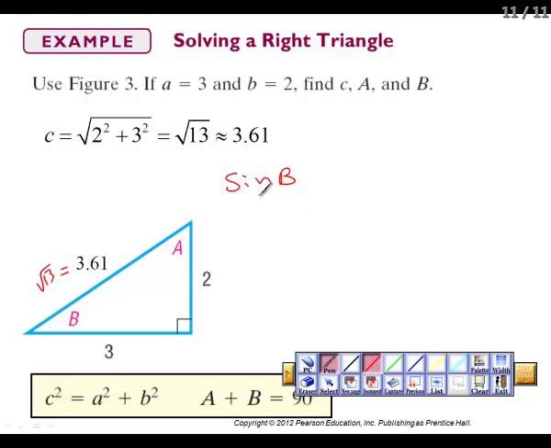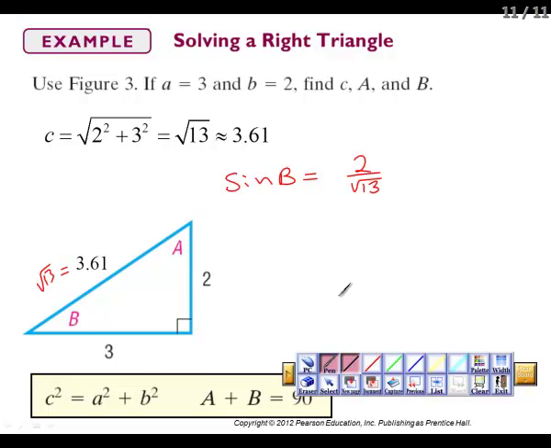I would not use the rounded off value. So sine is going to be 2 over the square root of 13. Now, because this is not going to be a final answer, we don't have to rationalize this square root of 13 in the denominator. Just leave it the way it is.